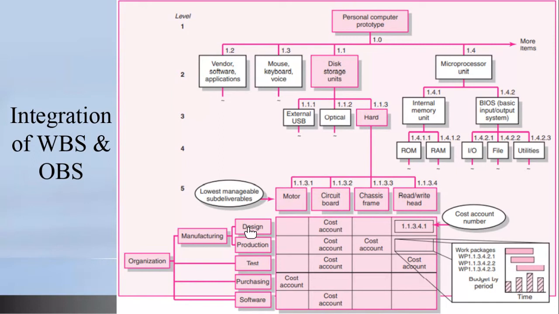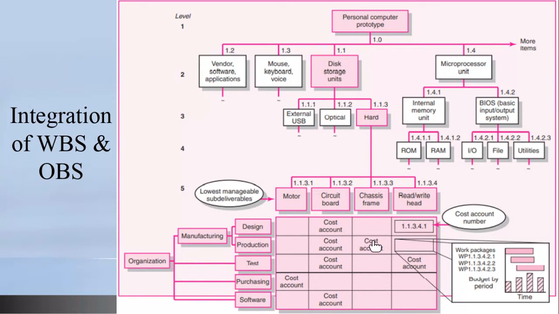So we have 4 areas within the organization that will be integrated into this grid for supporting the development of the circuit board. For the chassis frame, there are 3 work packages. All 3 work packages will be managed by the production team.